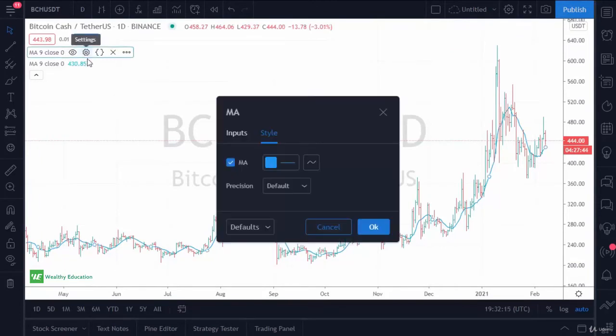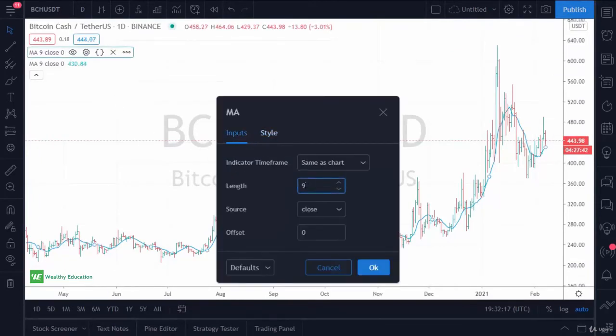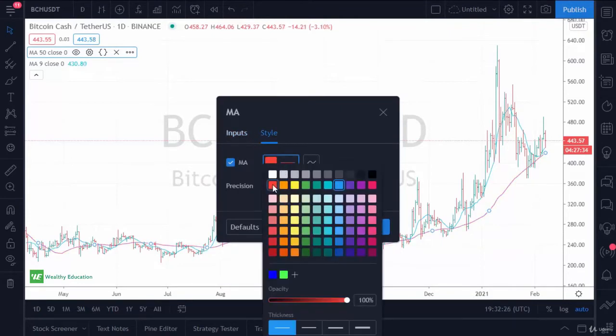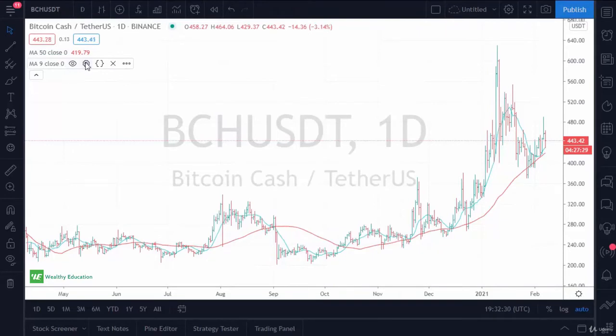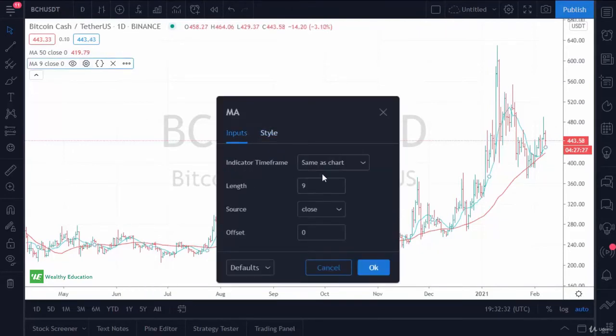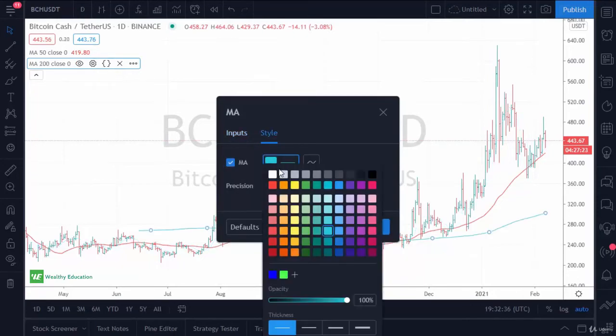But I'm going to change the settings to the 50. Let me make that red. And then I'm going to change this one to the 200. I'm going to make this black.